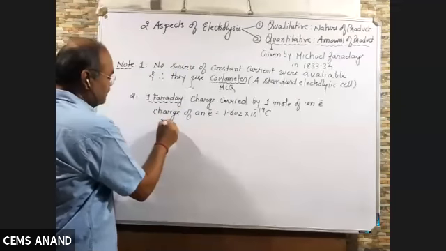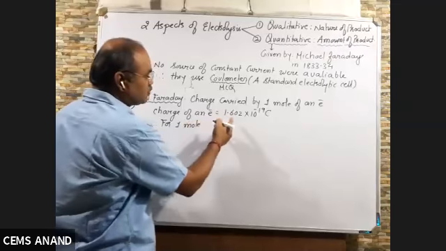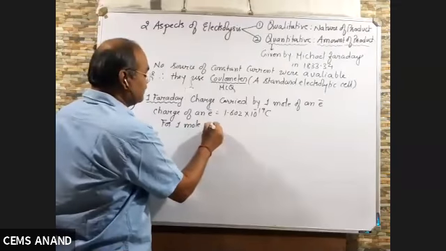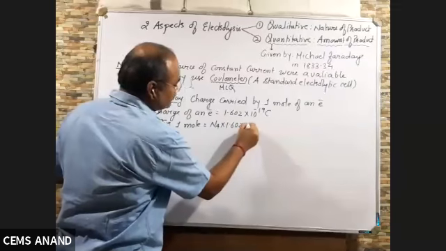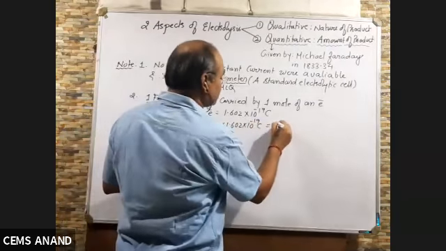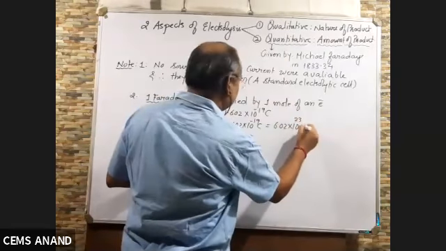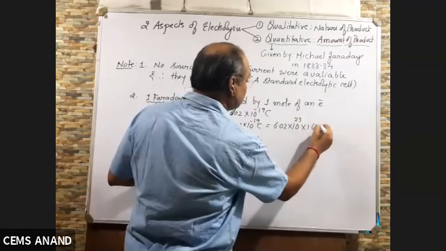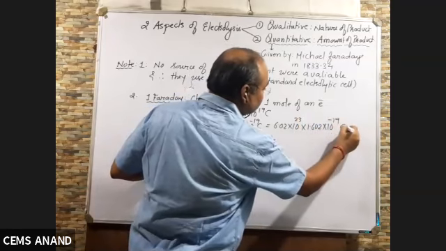For 1 mole, I have to multiply by Avogadro number. Na into 1.602 into 10 raised to minus 19 coulomb. So this will be equal to 6.02 into 10 raised to 23 into 1.602 into 10 raised to minus 19 coulomb per mole.